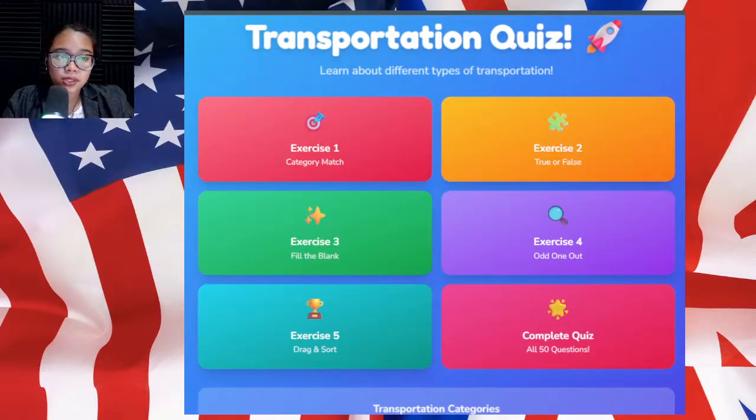Our next topic after the set of quizzes will be vocabulary for places. We're going to talk about that the day after tomorrow.